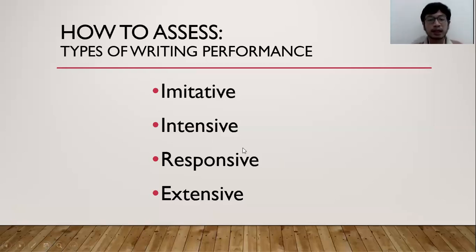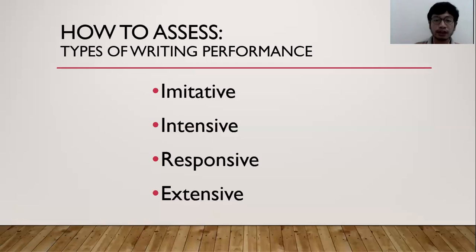All right. And then the third type of writing task is responsive. Now, what about responsive? If we refer back to the micro and macro skills, responsive here is the first stage of the macro skills, right? While the imitative and intensive are more related to the micro skills. So now we get to the macro skills, all right?